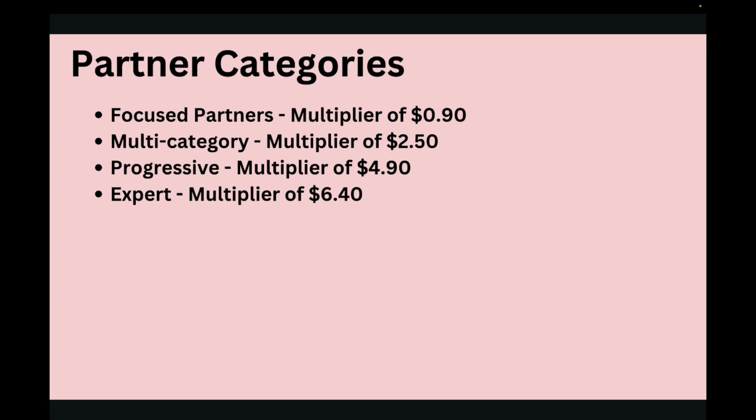The next category of partners is multi-category, and you can see the difference. They are achieving a multiplier of $2.50. So for every dollar a customer pays AWS, these partners achieve $2.50. Multi-category partners have different service offerings. They provide DevOps services, maybe they offer storage, and they do contact center as a service like Amazon Connect. They have a combination of different services to offer customers, so they achieve that $2.50 multiplier.